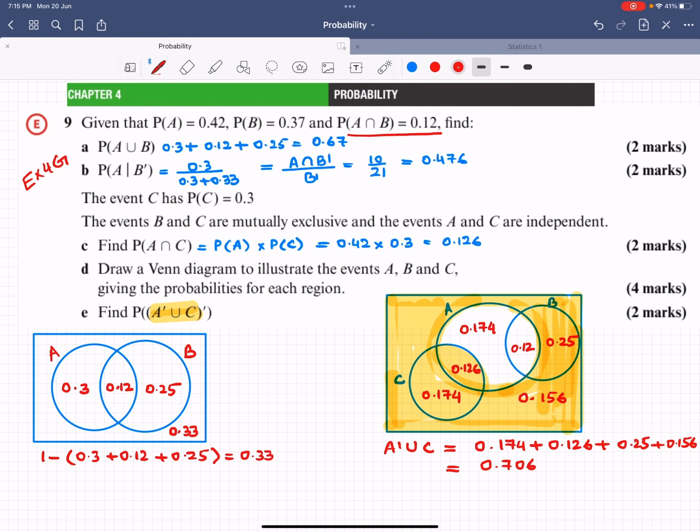But we want the complement of this, which means we need to subtract from 1 0.706, because we want the complement of the yellow highlighted area, which means we do not want the yellow highlighted area. So when we do 1 minus 0.706, we get 0.294, or otherwise we could have found the answer directly by adding 0.174 and 0.12, which would give us 0.294.